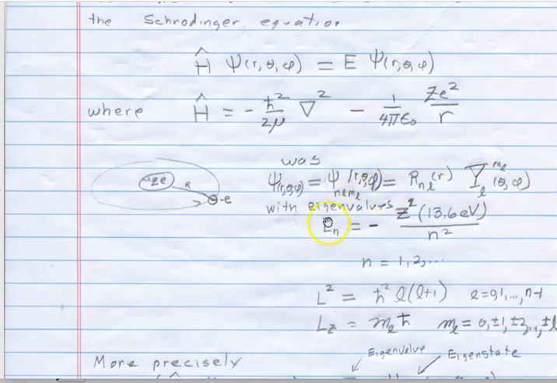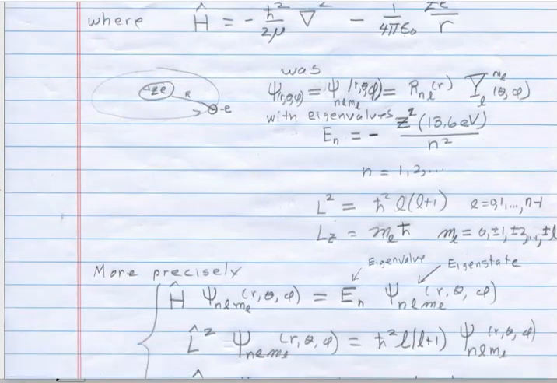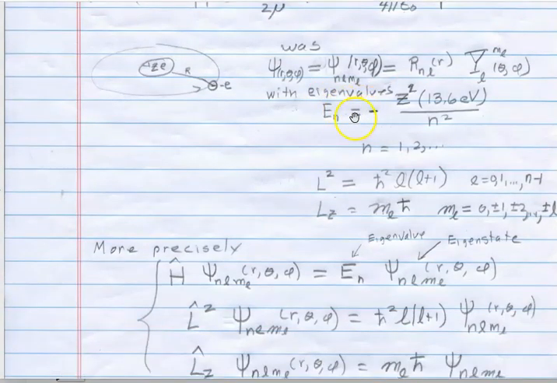And the eigenvalues of this equation up here, E is called an eigenvalue of H. For this system, we found really a set. The energy levels are given by this expression, minus Z squared times 13.6 electron volts over n squared. Z is the atomic number here.